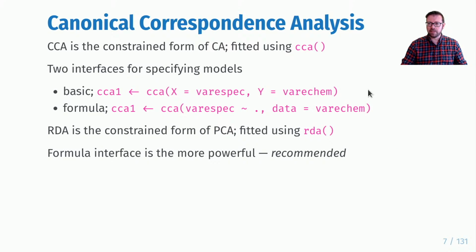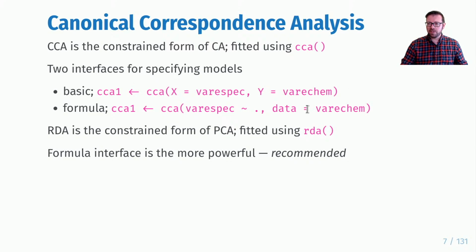There's the basic interface where you just give it your two data frames, and somewhat confusingly, back in the day, these ended up getting called X and Y. X is actually the responses, so it's back to front to how you might have seen in regression models with Y being the response. Here, X is the response, so you give it a data frame of your species data, for example, if that's what you're trying to explain. And then the Y matrix is your matrix of constraints, or a data frame usually. Now, that can get confusing, and you'll see later there is also a Z matrix as well.